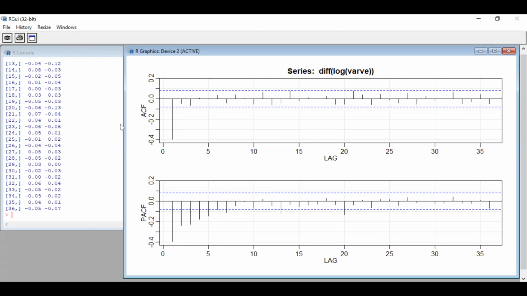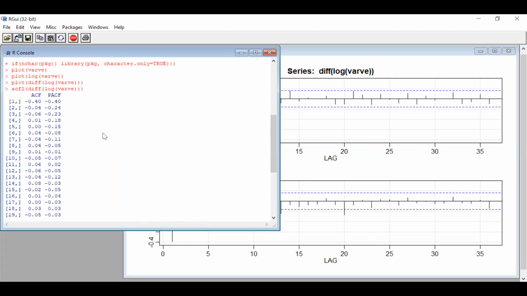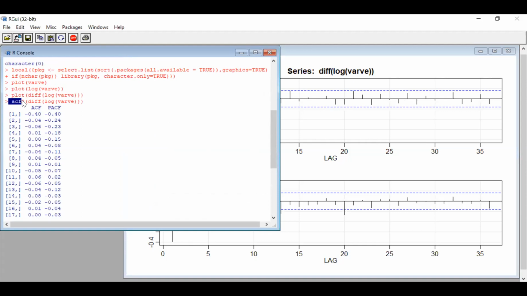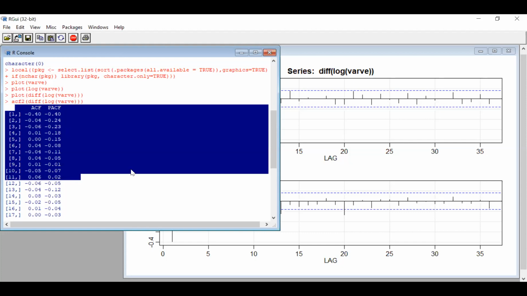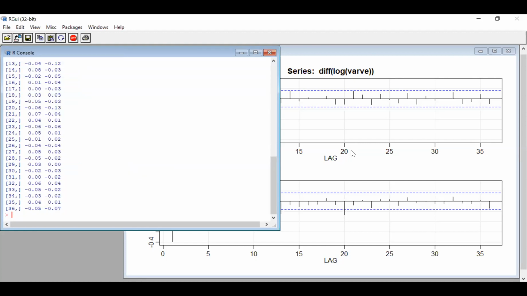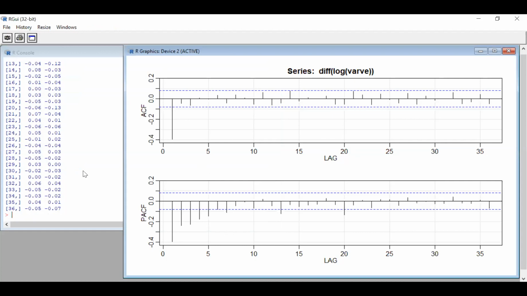Okay, so when we are using the ACF2 function, it gives us not only the picture but also the numbers, the correlation values and the PACF values, right? But it is the plot. So let me suspect the MA1 model.